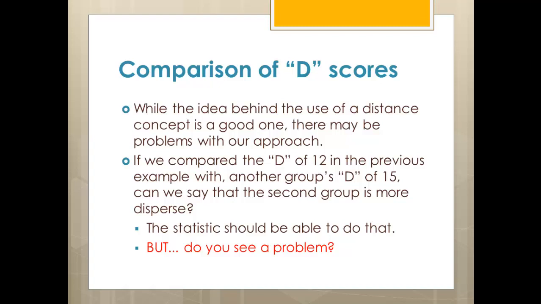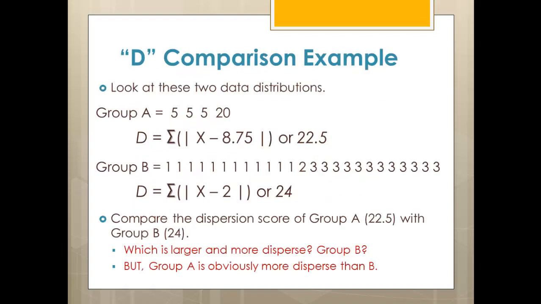However, if you have more scores in your data, you're going to have inherently more heterogeneity, and just because you have more scores doesn't necessarily mean you're more heterogeneous. Here's an example of that. In group A, we have 4 scores, but we have a deviation score of 22.5.